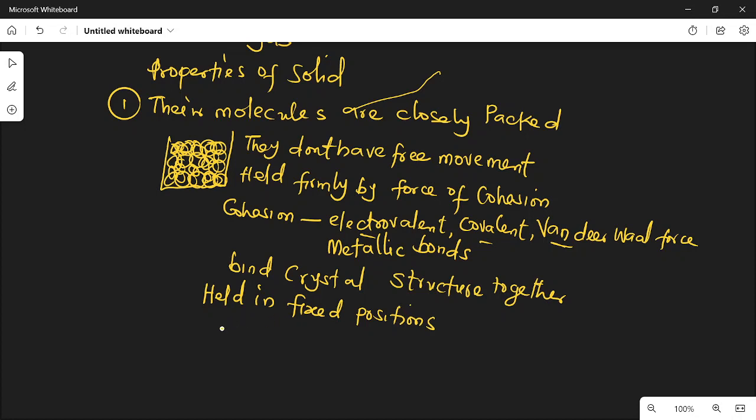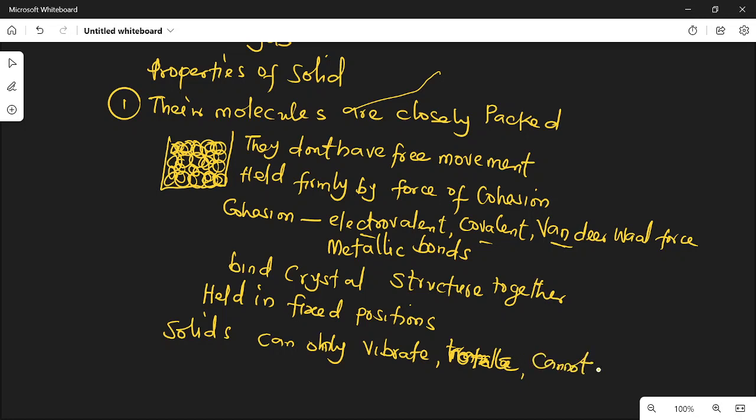As a result, your solids, please take note, can only vibrate, can rotate, but cannot translate. I will explain that.